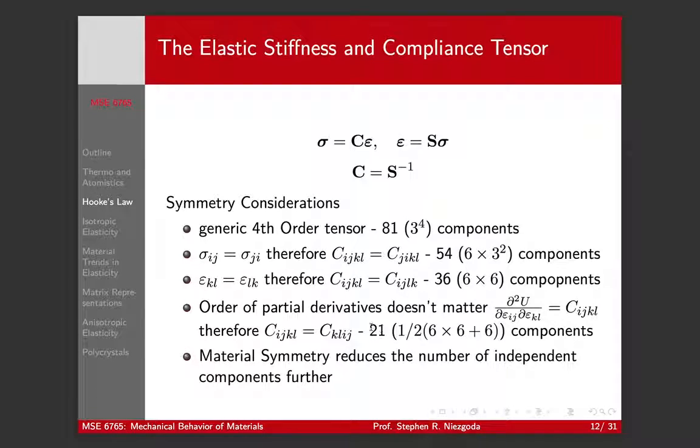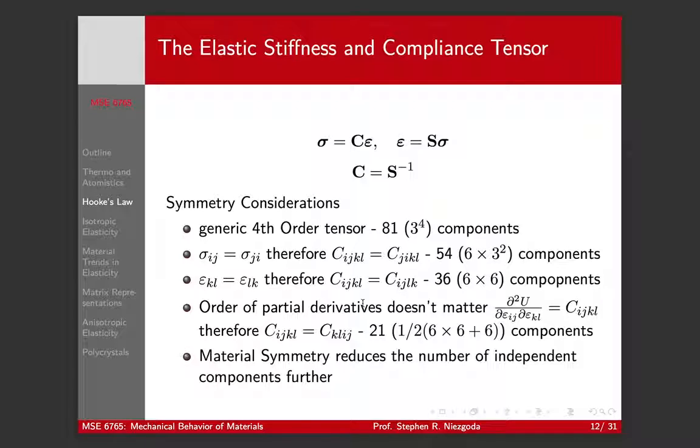So that means we have 21 independent components of our elastic stiffness and compliance tensors.